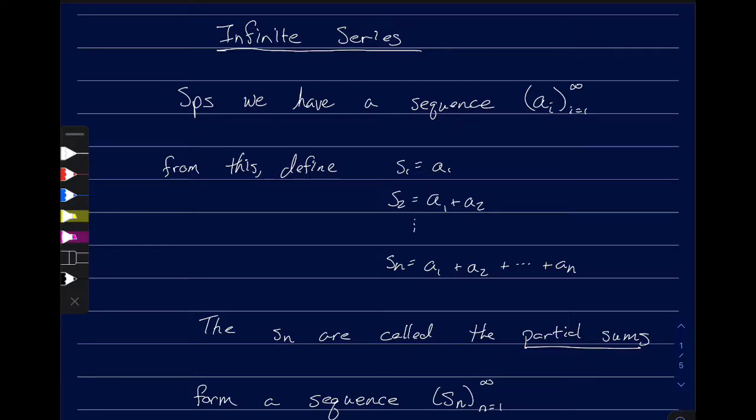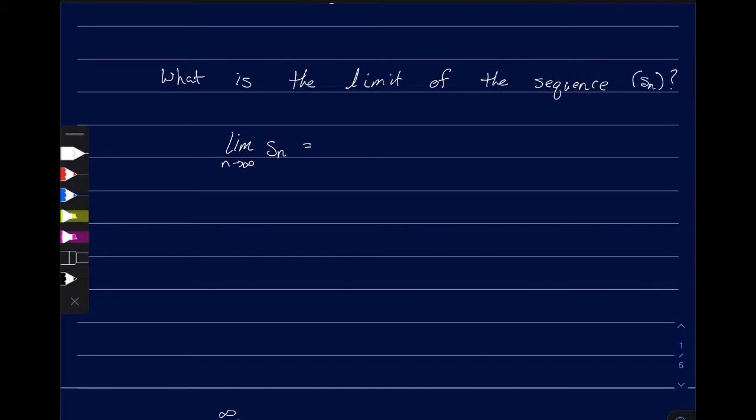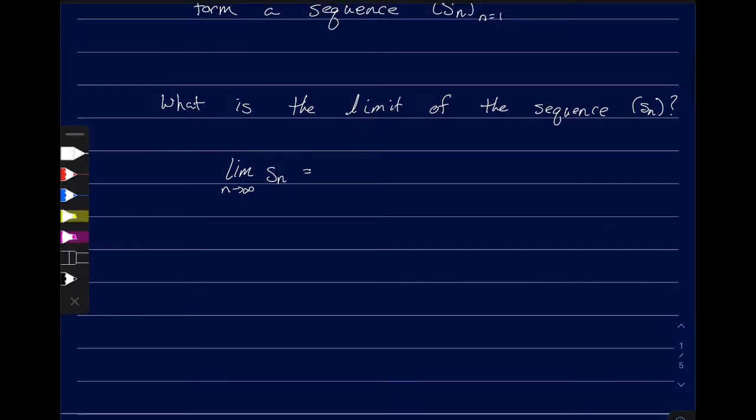Now each of these Sn's are called partial sums of the sequence. And these partial sums themselves actually form a sequence. So a natural question to ask is, what is the limit of this sequence?